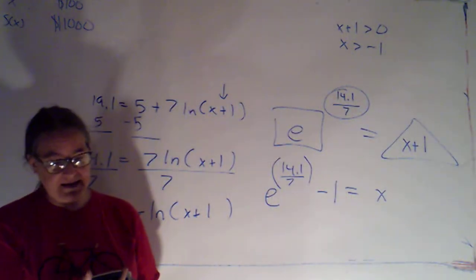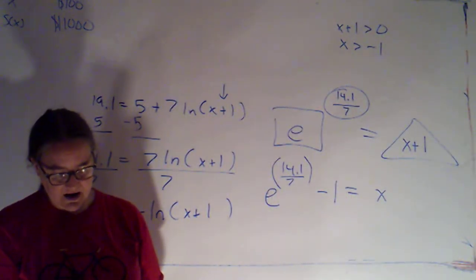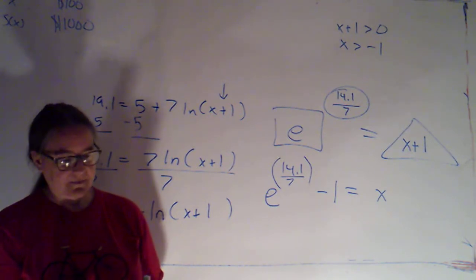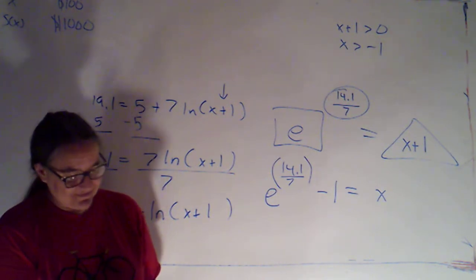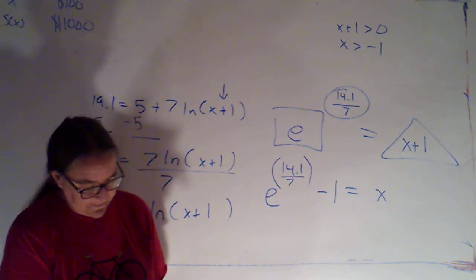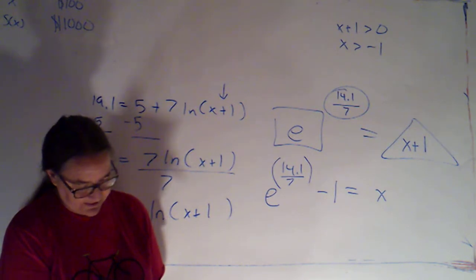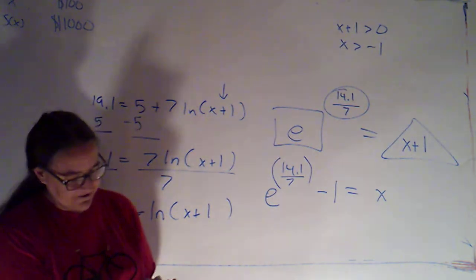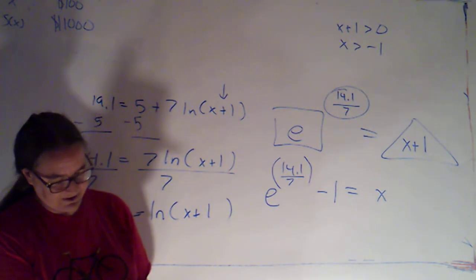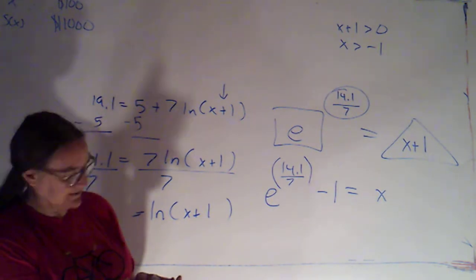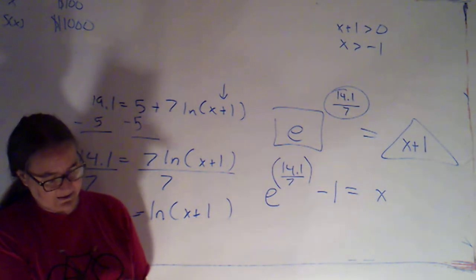So it's e raised to the, let's see, I don't use my calculator very often. Okay, to the parentheses, 14.1 divided by 7, close parentheses, minus 1.